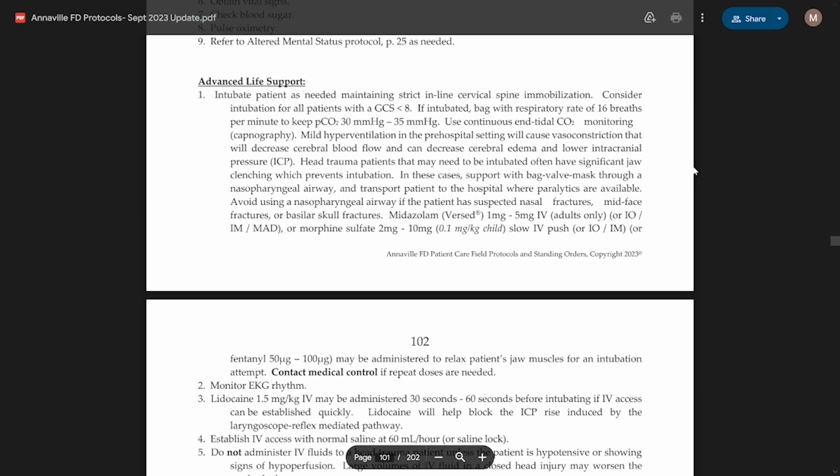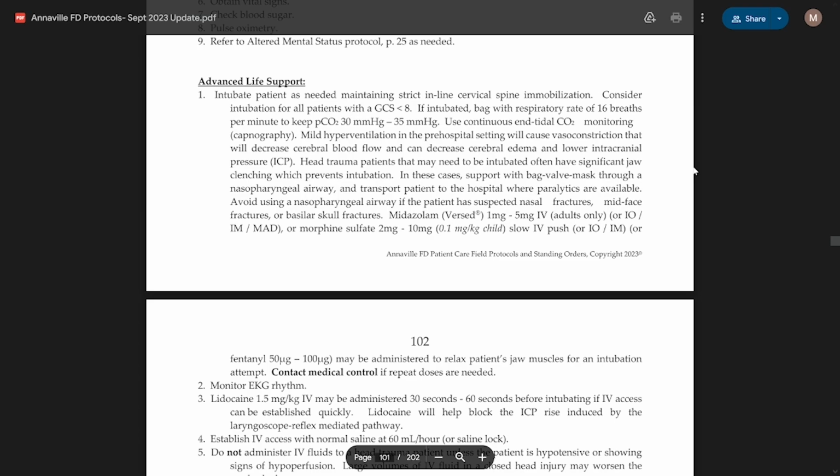Head trauma patients may need to be intubated, often having significant jaw clenching, which prevents intubation. In these cases, support with BVM through an NPA and transport the patient to the hospital where paralytics are available. Avoid using an NPA if the patient has suspected nasal fractures, mid-face fractures, or basilar skull fractures.